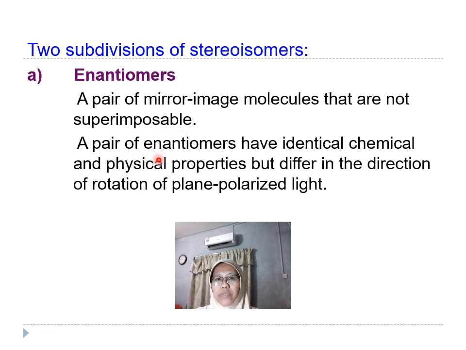A pair of enantiomers have identical chemical and physical properties, but differ in the direction of rotation of plane polarized light. Meaning that if we draw them and then we also draw the mirror image, it's not going to become superimposed, and it would have a direction of L and D, levorotatory and dextrorotatory, as we have mentioned earlier.